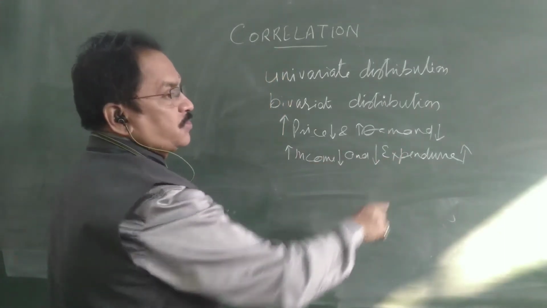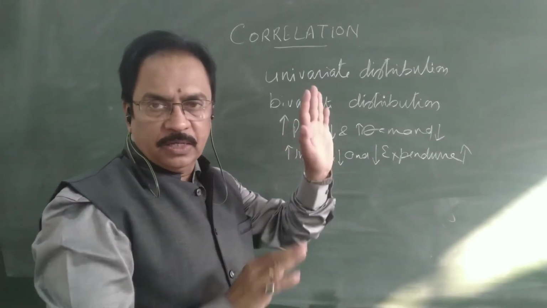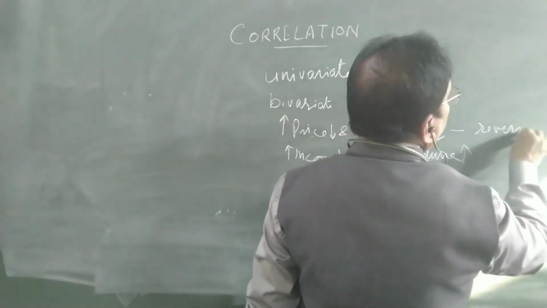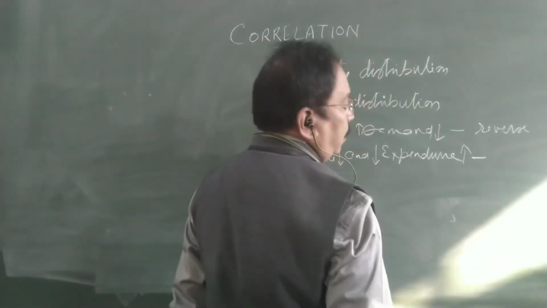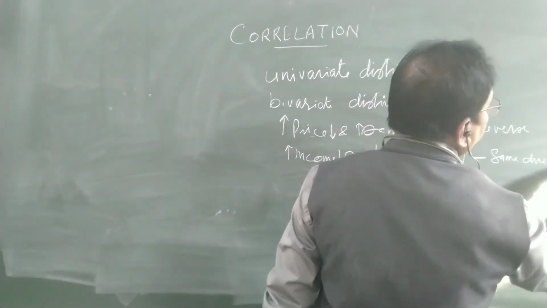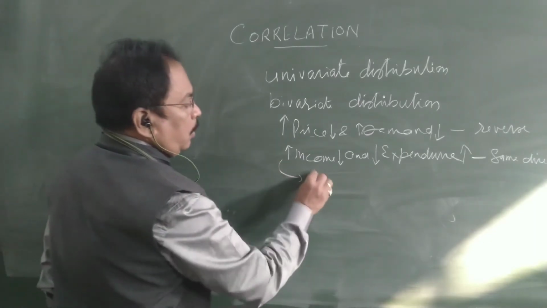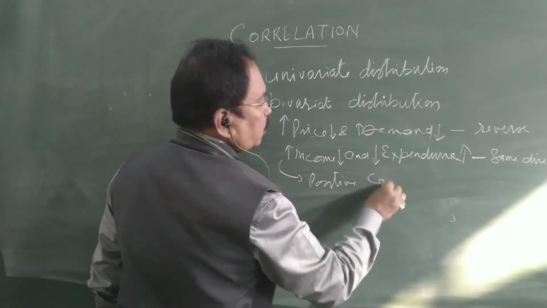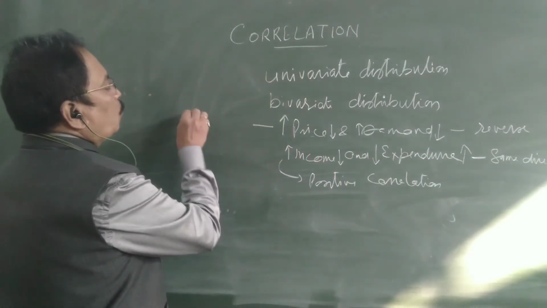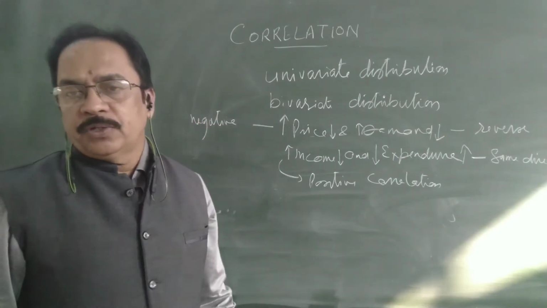So here both are increasing, the same direction. Here the change is reverse: if one is increasing, the other is decreasing. This same direction is called positive correlation, and this reverse change is called negative correlation.